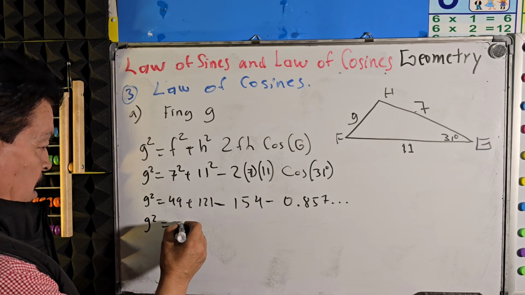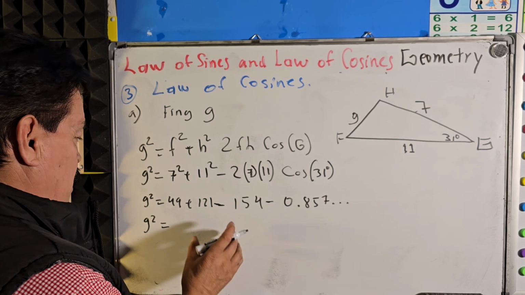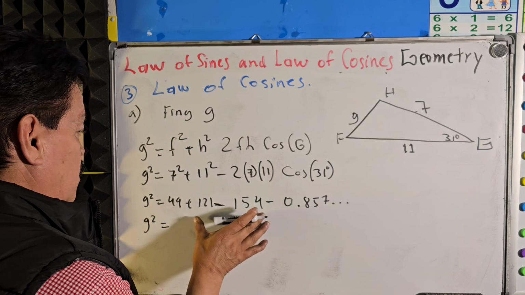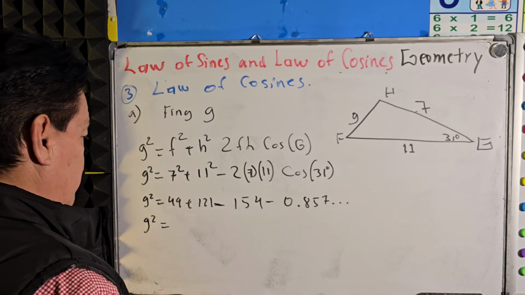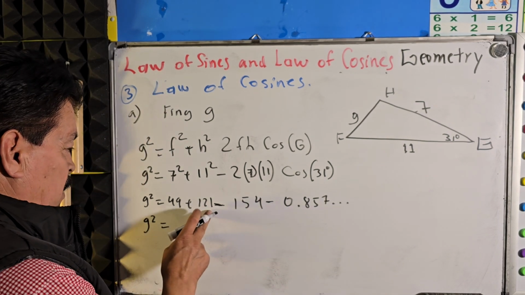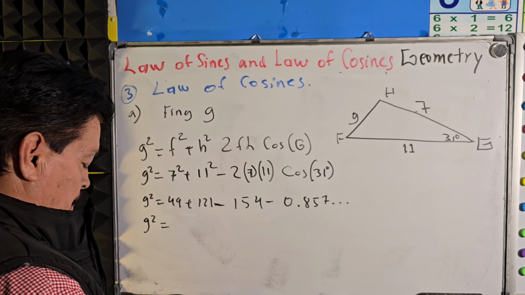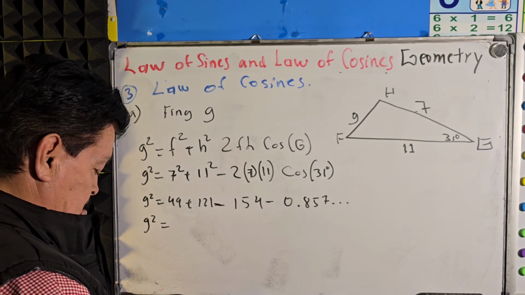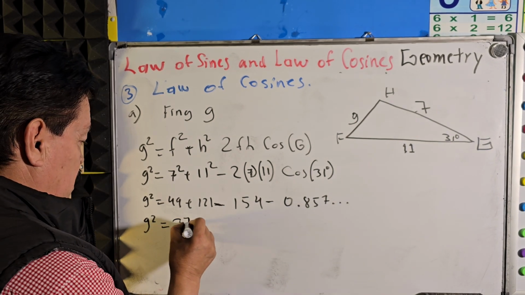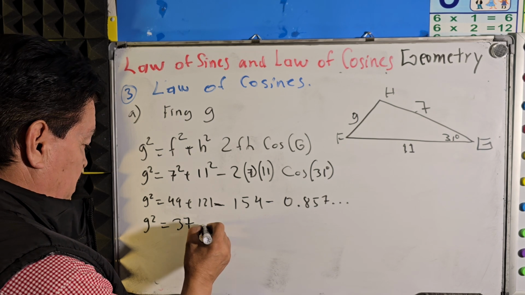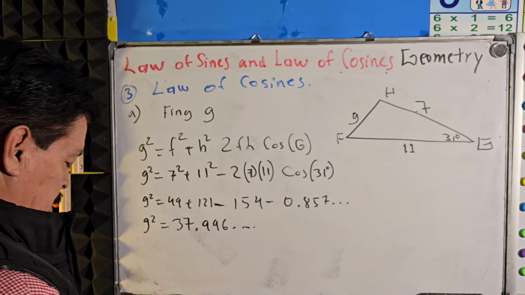Now G squared is equal to 49 plus 121 minus 154 times 0.857, which is 37.1996. So double check, okay, double check.